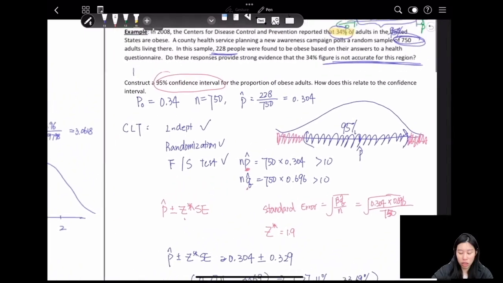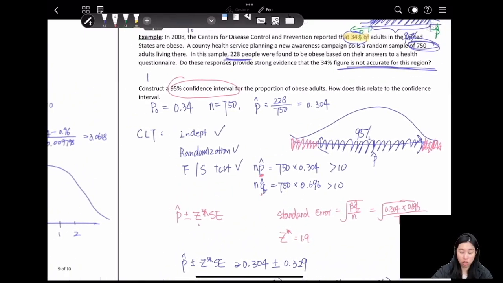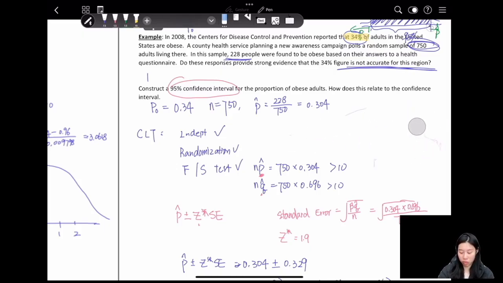So let's use the same problem and construct a hypothesis test that we've been learning this chapter and see what the differences are. I'm going to use a green pen to test it. The important information should be the same.